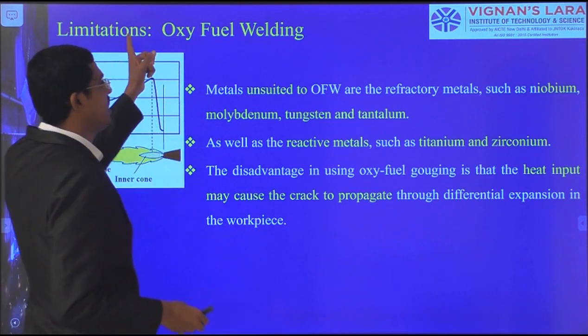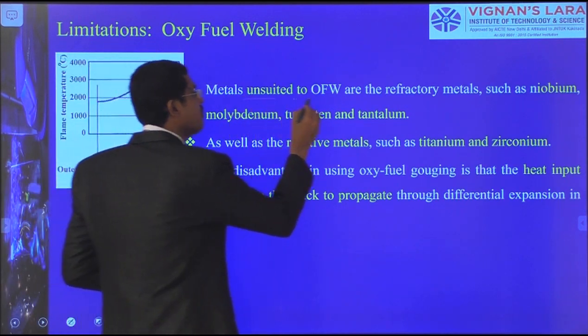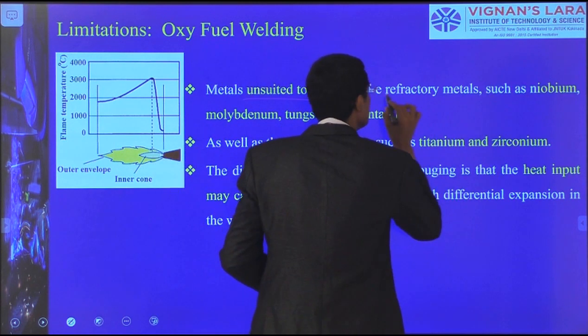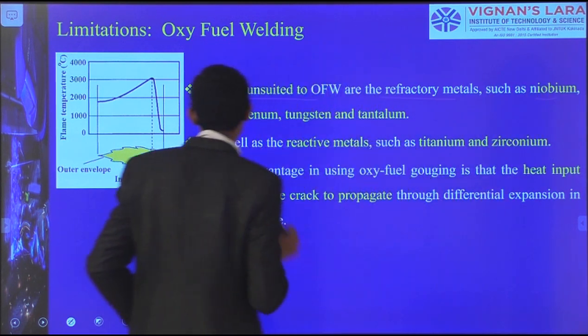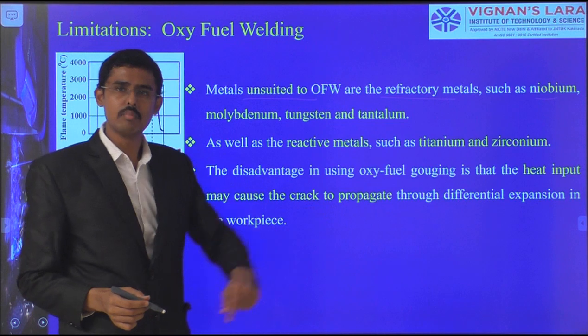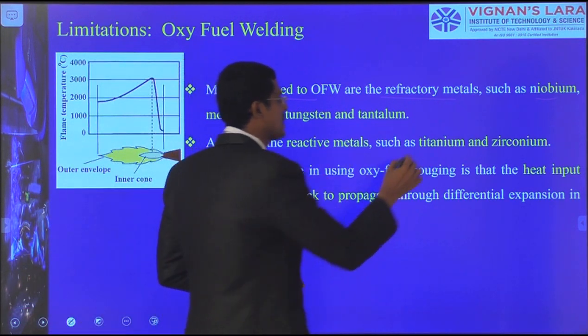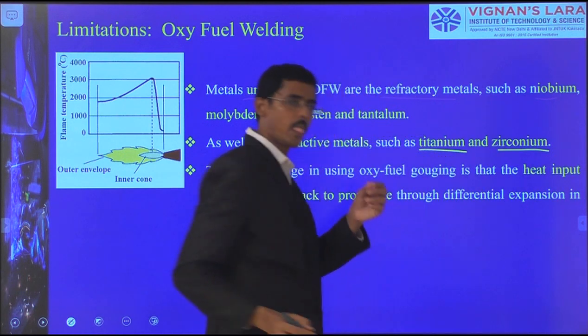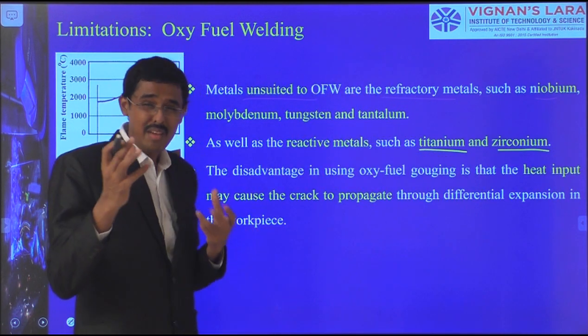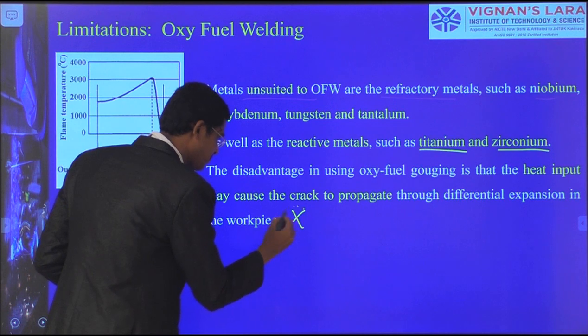So similarly the limitations, it is unsuitable for the refractory metals such as niobium, molybdenum, tungsten and tantalum, and also it is unsuitable for the reactive metals such as titanium and zirconium, also not possible. And one more, the main important disadvantage is here.